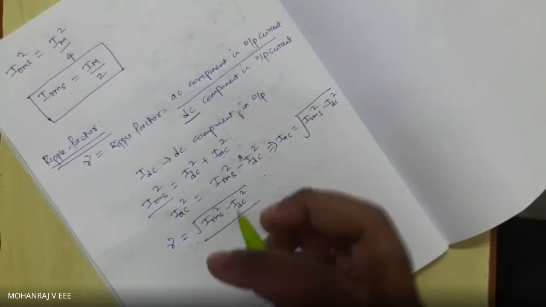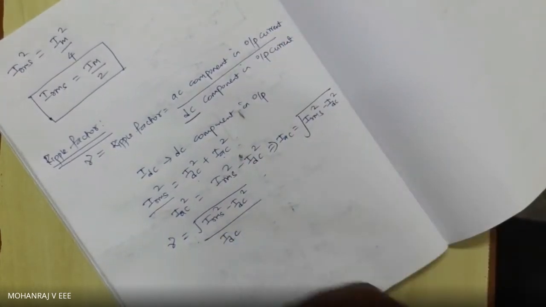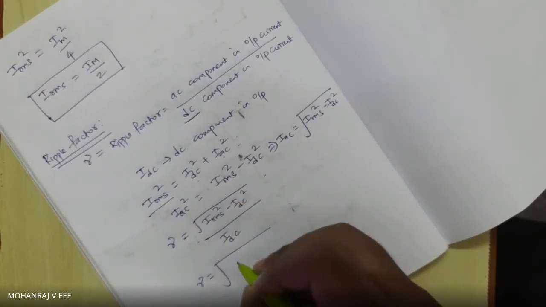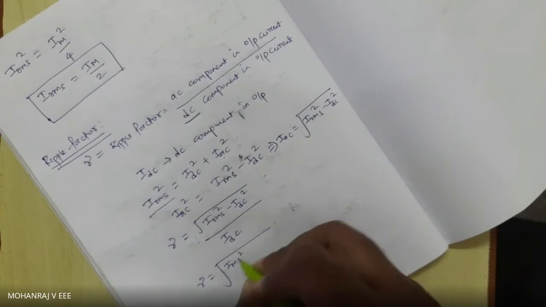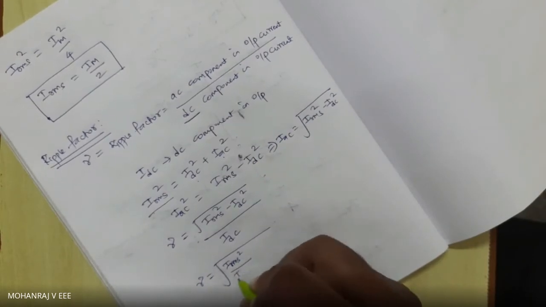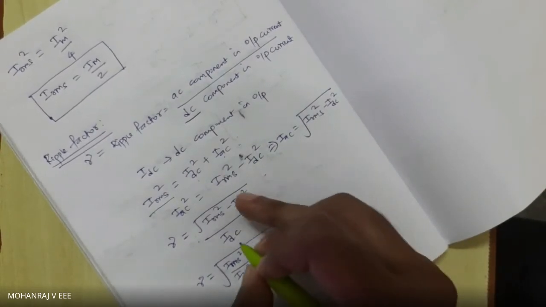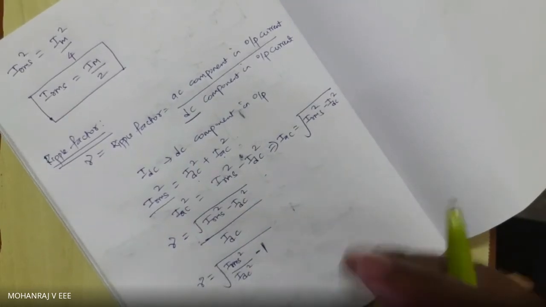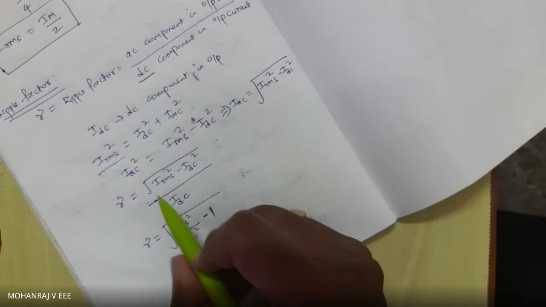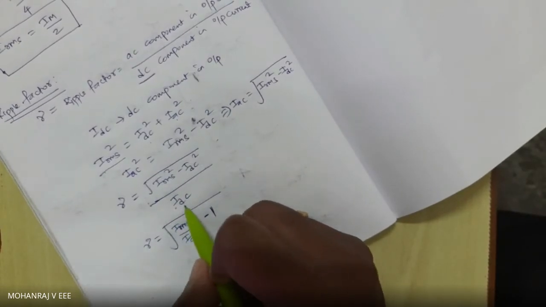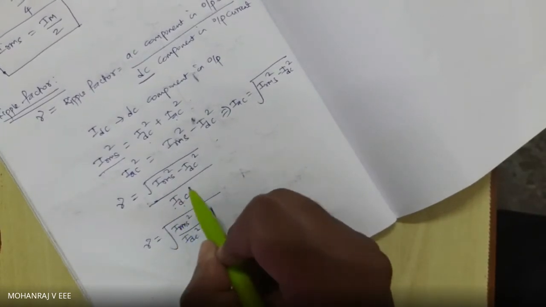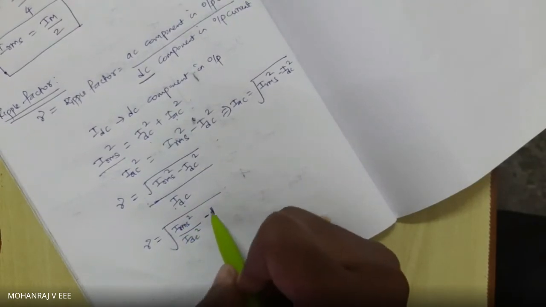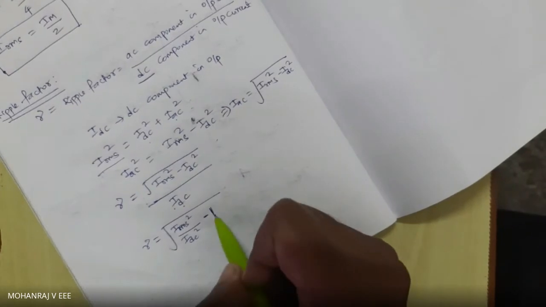So that can be written as IDC. From this I can write, I take IDC inside, I will write IRMS square divided by IDC square minus IDC square by IDC square will become minus 1. If I take IDC inside the square root, it will become IDC square. So IRMS square by IDC square minus IDC square by IDC square will become 1.